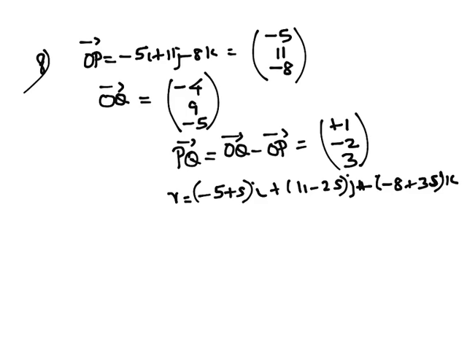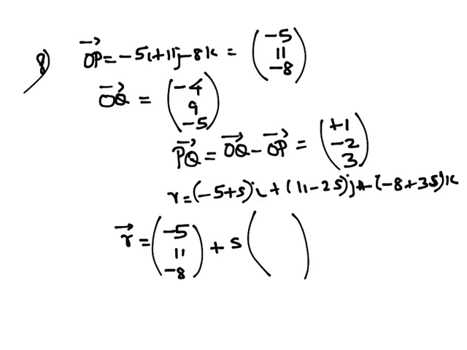Let me find the equation of r like how we normally find. So r equal to a plus tb. So I can write, I'll take a as minus 5, 11 and minus 8 plus s. I'm using s because you can see minus 5 plus s, 11 minus 2s is this. And since the line L passes through P and Q, I can take PQ vector as a direction vector. So that means 1, minus 2 and 3.